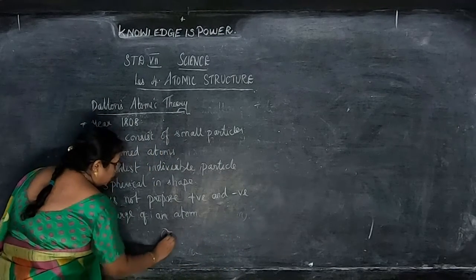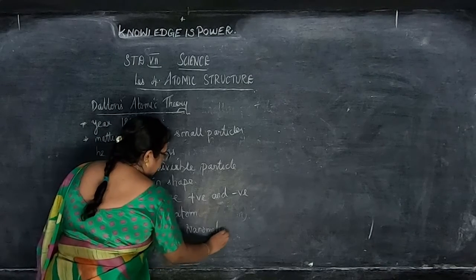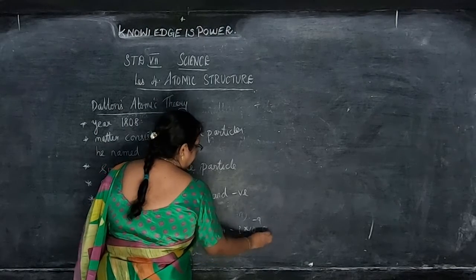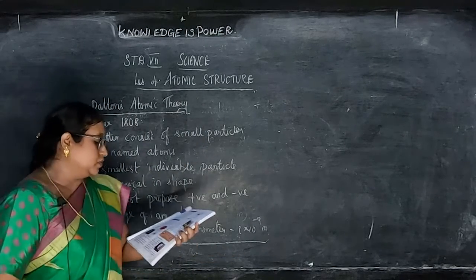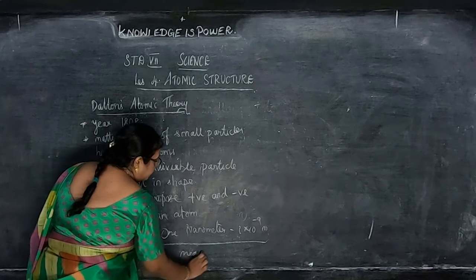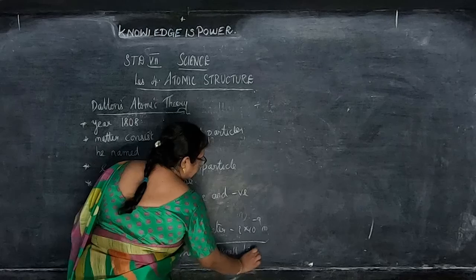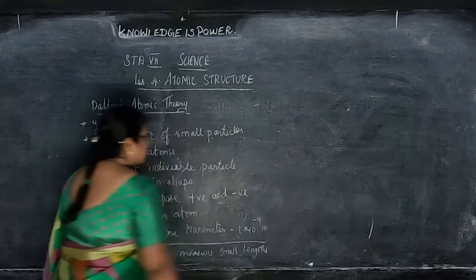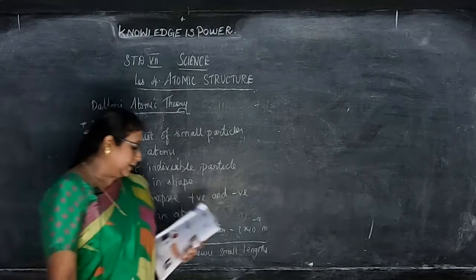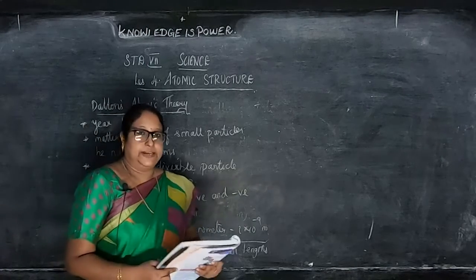So 1 nanometer is how much, children? 1 into 10 to the power of minus 9 meter. It is used to measure small lengths.